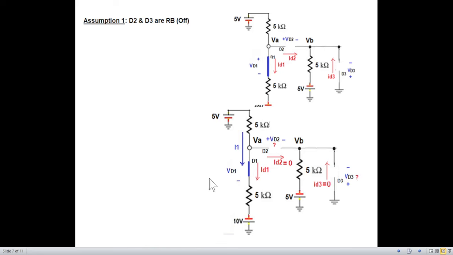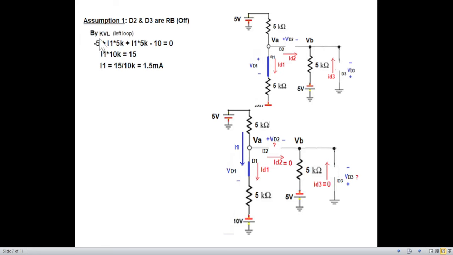Now this you can see is completely independent, and the same current is flowing through this whole branch, nothing going this side. So we call it I1 current throughout the branch, and then we'll solve by KVL equation.